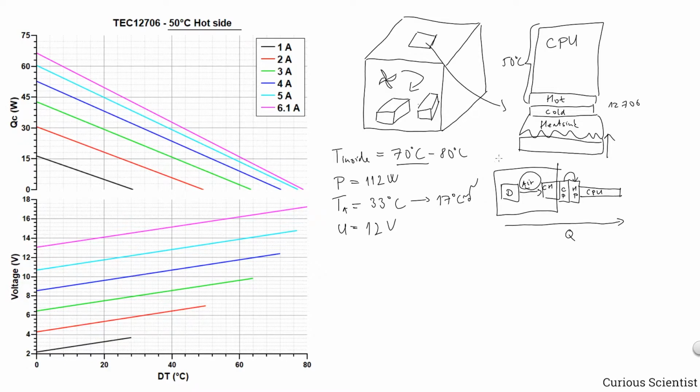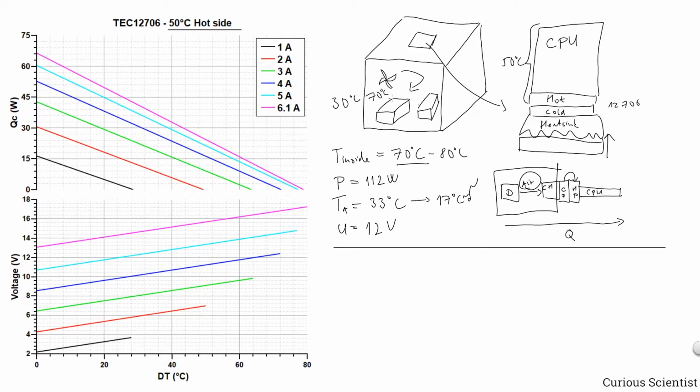Apart from this, we constantly maintain 50 degrees on the hot side. And then what we want is to see what we can do on our performance chart. In an idealized case, we don't really want to have a temperature difference between the hot side and the cold side, because the enclosure temperature is much higher than the temperature outside the enclosure. So here we have 70 degrees, and let's say here we have 30 degrees, just to make it easier to see numbers.